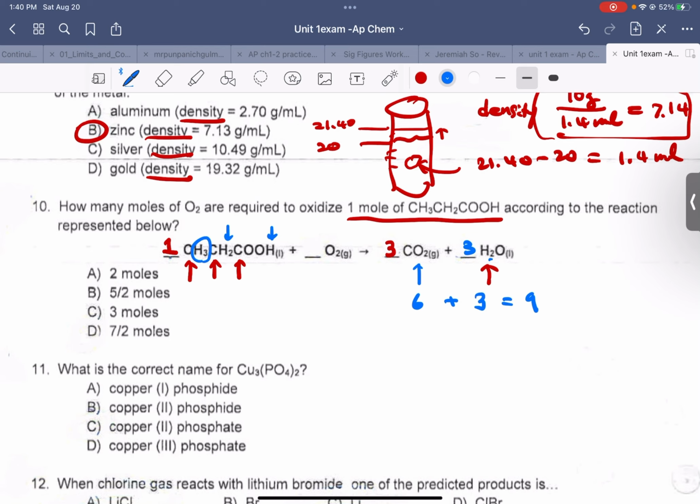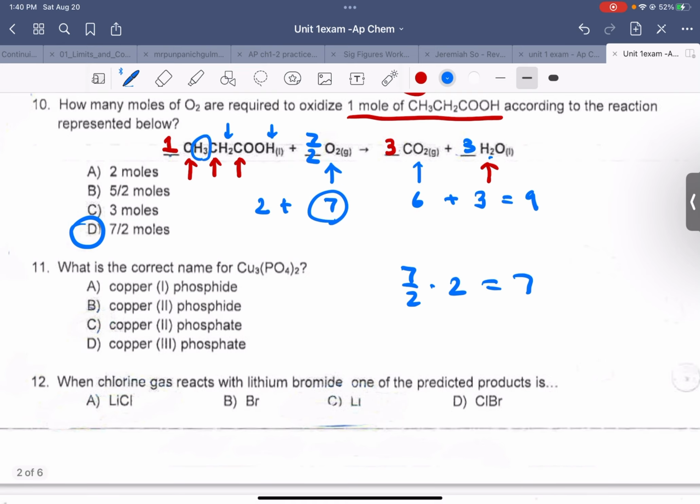Now, on the left hand side, you have 2 plus something oxygen is a 9, so you have to have 7. So this one should be 7 over 2, because 7 over 2 times 2 is a 7. That's the reason. So the coefficient of that is 7 over 2. Number 10, D. Okay, that's what you have to do.